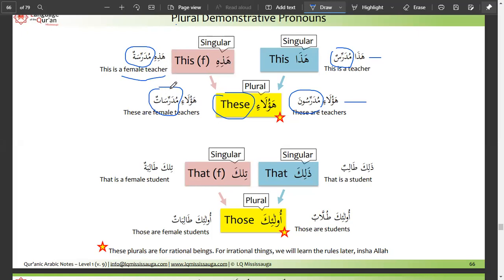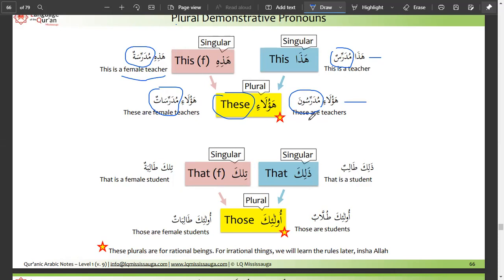We cannot say hazihi mudarrisatun, because this is plural. It is the same here: we cannot say haza mudarrisuna, because mudarrisuna is plural and haza is singular. For the plural, we cannot use singular pronouns.